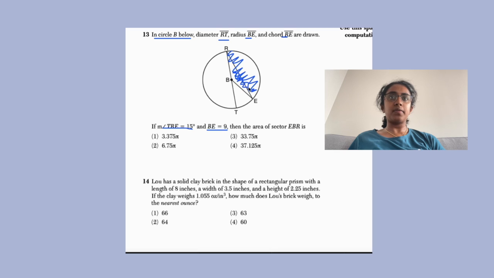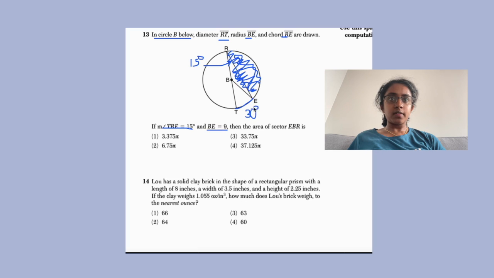We can do that. So this right here is 15 degrees. What does that mean? That means that this is an inscribed angle. What does the inscribed angle theorem say? It says that this is twice of that. So this is 30 degrees.